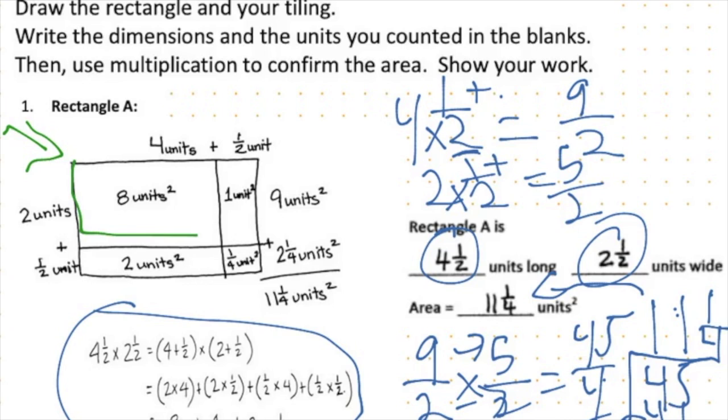So the first box, it says that the area is 8 units squared. How did they get 8 units squared? Length times width.